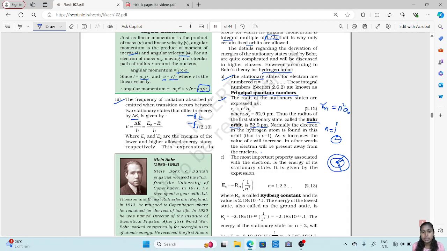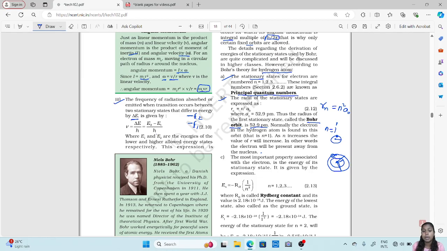The third point is that the most important property associated with the electron is the energy of its stationary state. Wherever the electron is present, it has the energy of that state. So if the electron is here, it has the energy of this state, electrons in their stationary state.